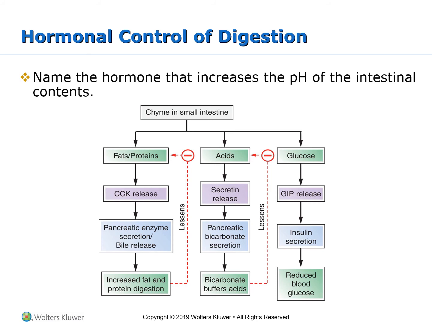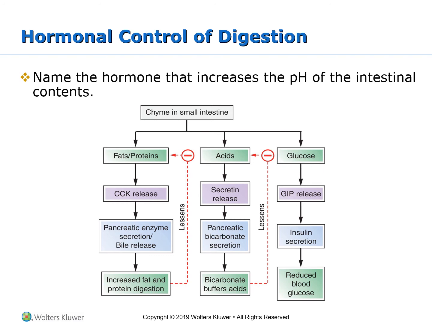Now we are moving forward. The chyme was released, was eliminated from the stomach inside the duodenum, and the volume, the expansion, is sensed by the receptors in the intestinal wall, and they will activate the local nervous system.